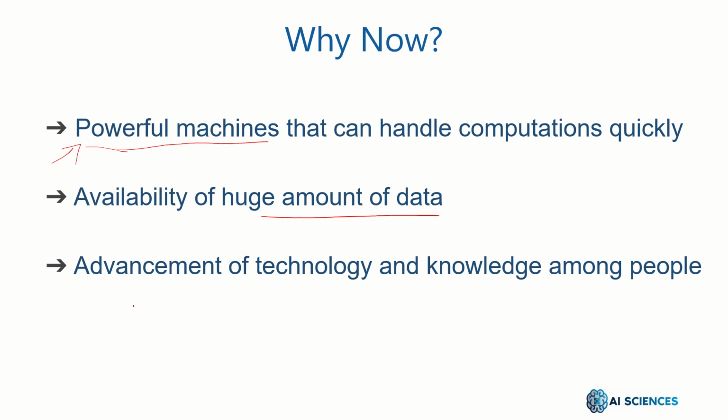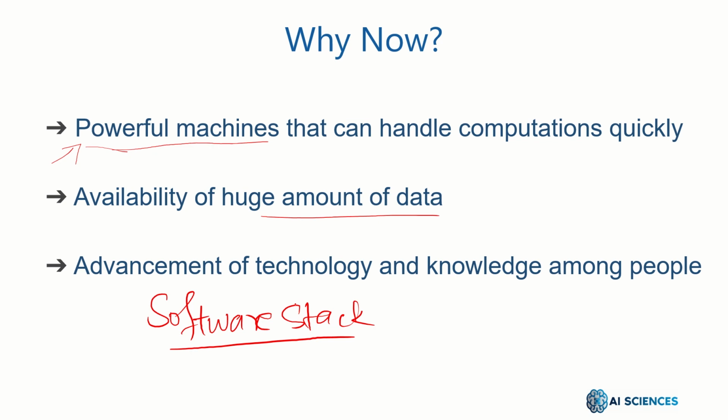And the software stack is very much stable and available, and people are improving it more and more. Due to availability, a lot of software is very well tested and stable.